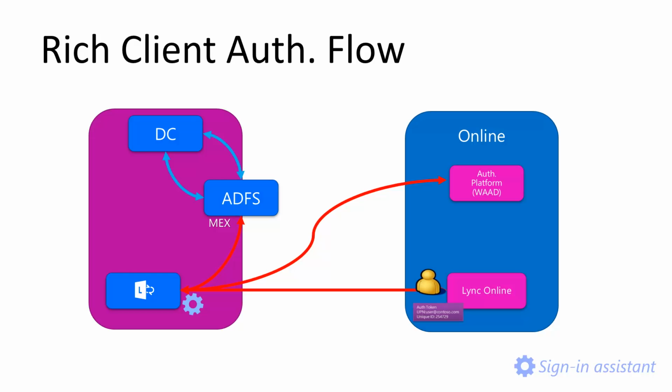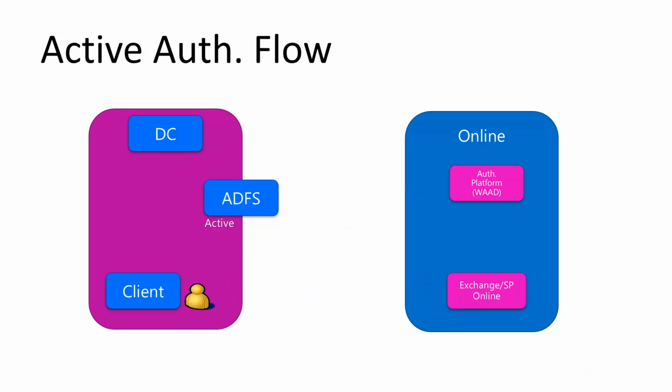So it was still the client who did all the talking. He got redirected to the ADFS server, got the token from the ADFS server, went to the online authentication platform, but at no point in time there was a direct connection between Office 365 and your ADFS infrastructure.